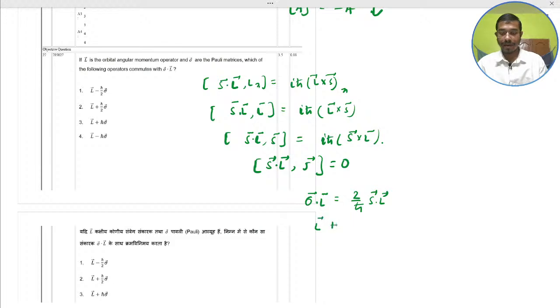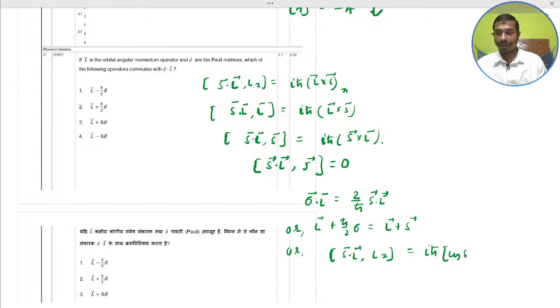So now L plus ħ by 2 sigma, that is L plus S, or the S dot L with the Lx, that would be the minus iħ Y component, Ly Sx minus Sy Lz.